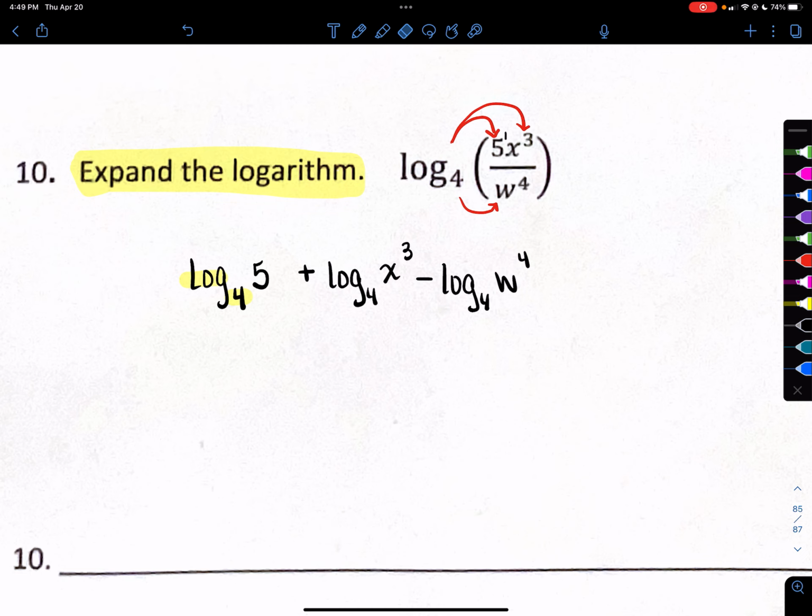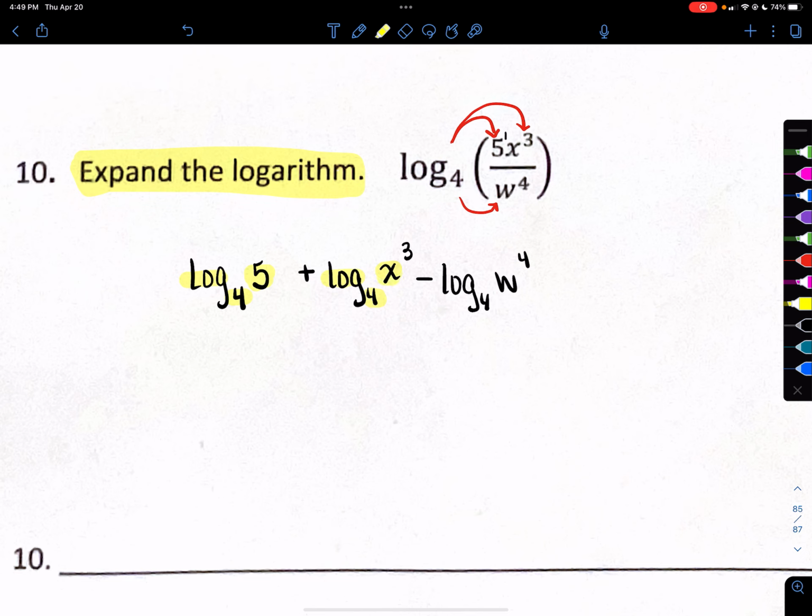I just said not to make that mistake, and then I made that mistake. Okay, so this should be log base 4 of 5 plus log base 4 of x to the third minus log base 4 of w to the fourth. Okay, sorry about that.